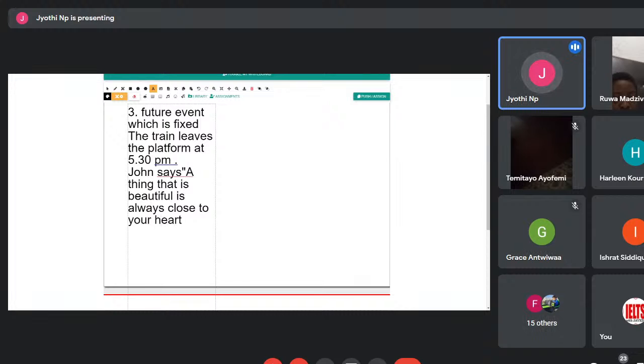Basically, whenever you want to introduce quotations, or talk about a statement in quotations, you usually use the present simple tense.